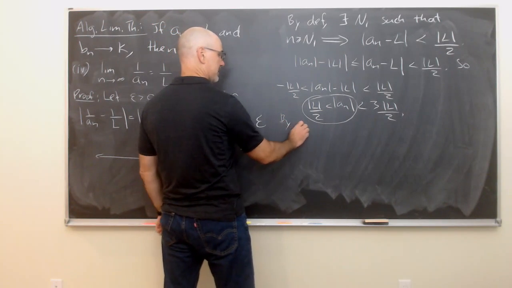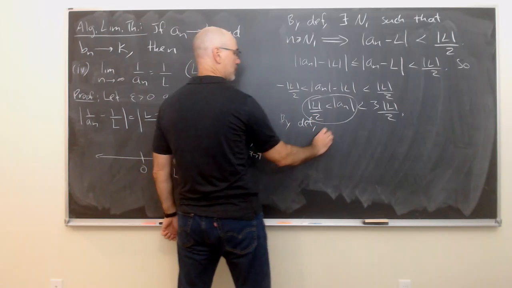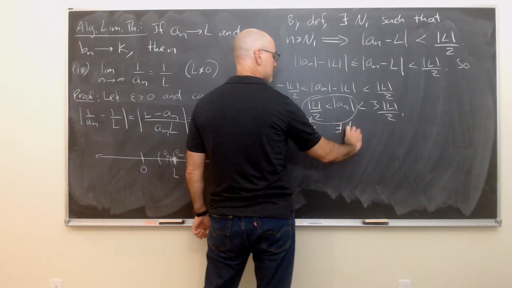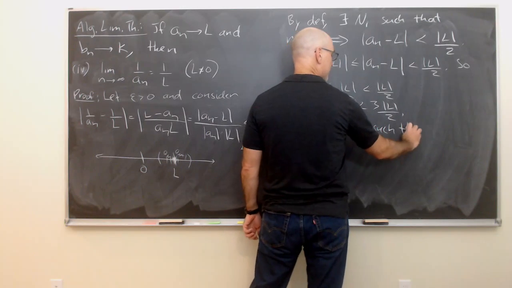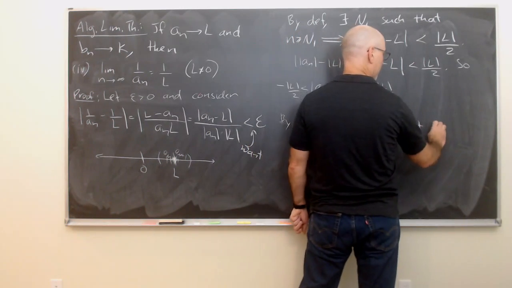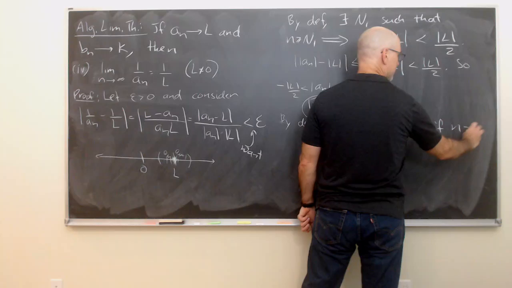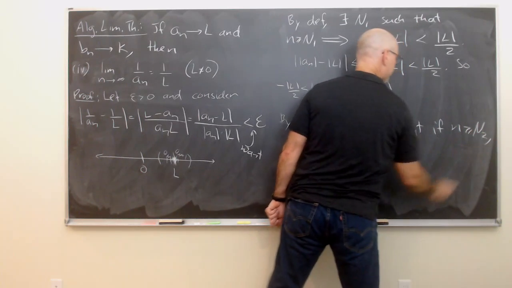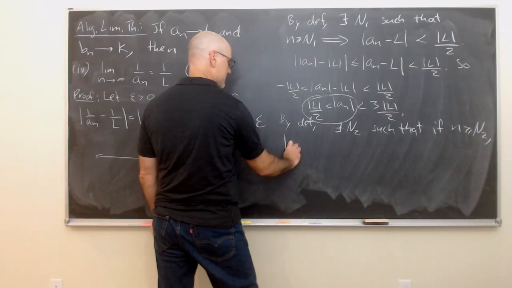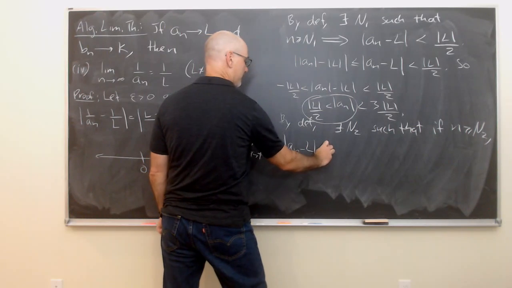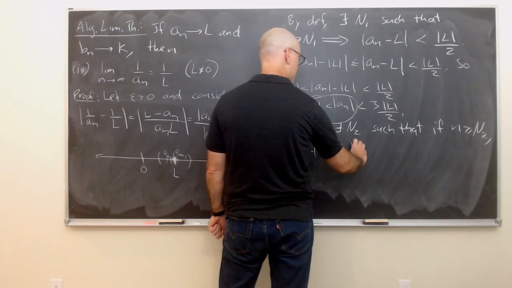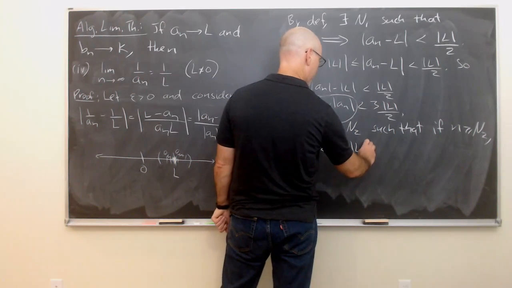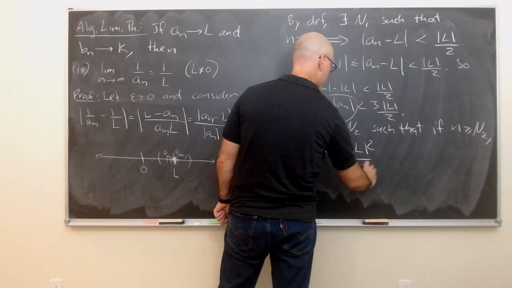So by definition, there exists capital N2 such that if n is bigger than N2, then we get the absolute value of a sub n minus L is less than epsilon times L squared over 2.